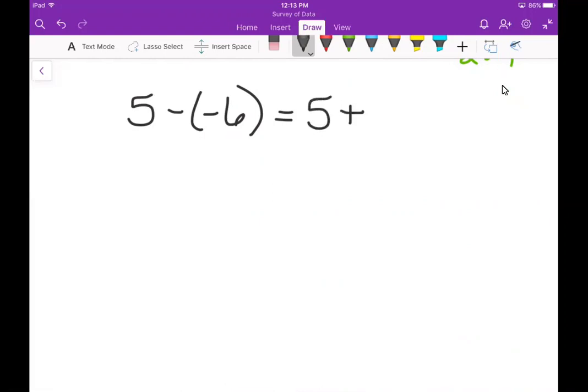Subtracting a negative is the same thing as adding whatever that number is, which in this case is 6. So those two come together. Some people like to combine them right here to see that big plus sign there. Something like that is a good way to remember those things. Okay, so actually here we're just doing 5 plus 6. Straightforward problem, two positive numbers added together to be a positive 11.